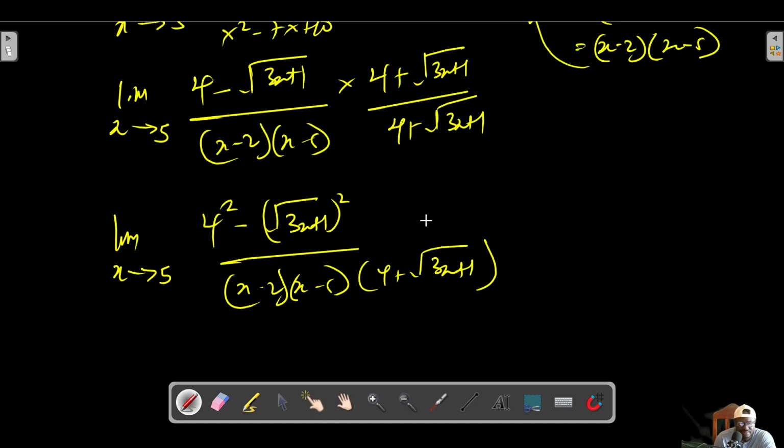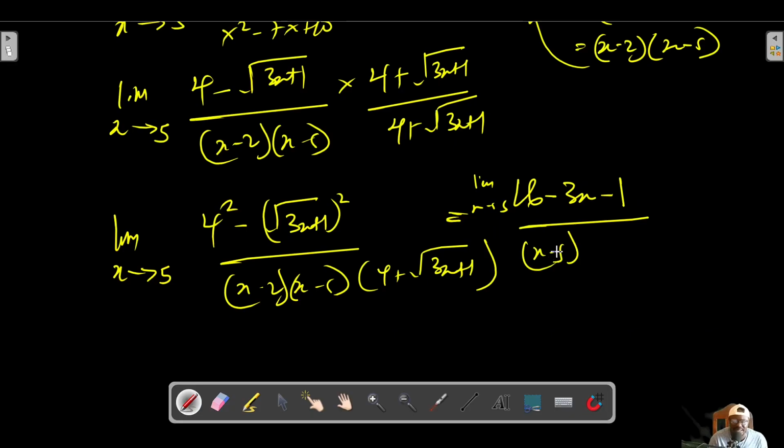Now, what do we do then? We can simplify the numerator. We get 16 minus 3x minus 1. That's the limit as x approaches 5 of that over x minus 2, x minus 5, 4 plus root 3x plus 1.